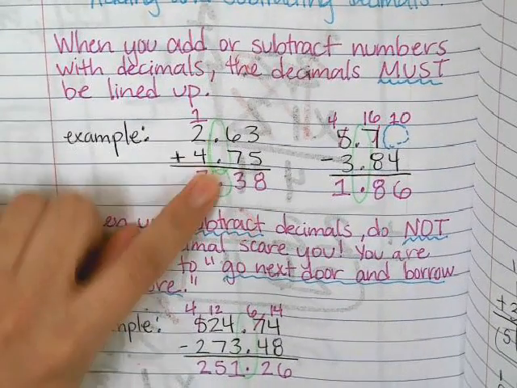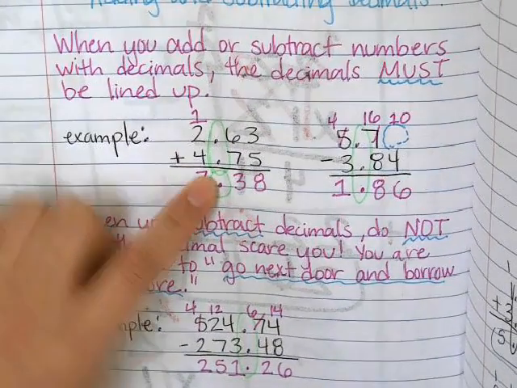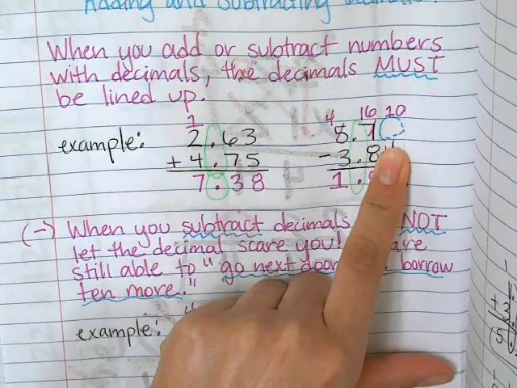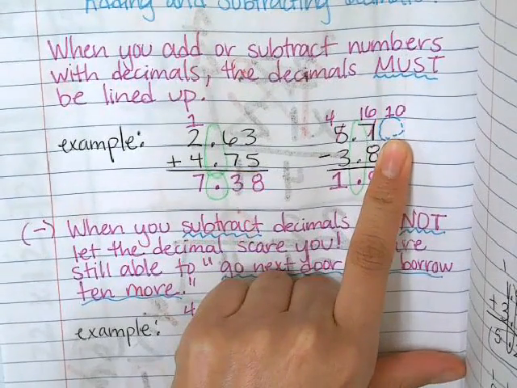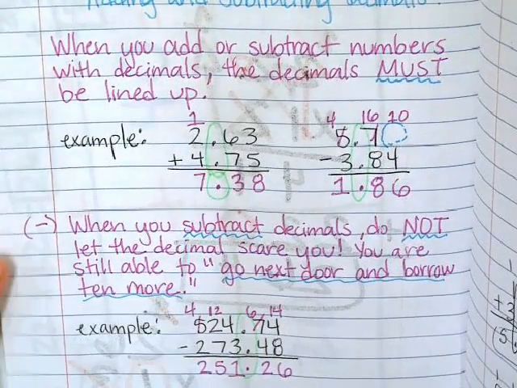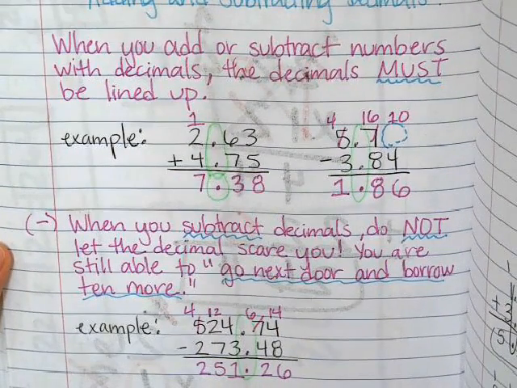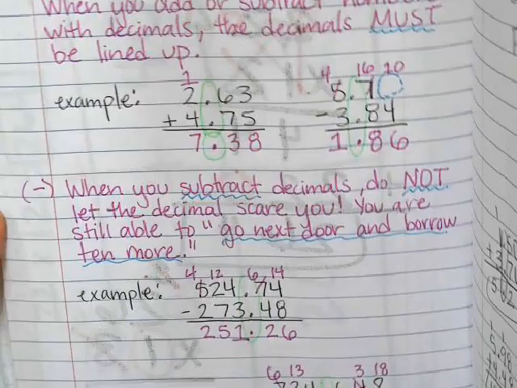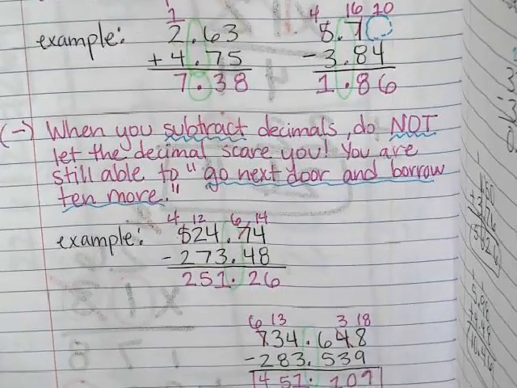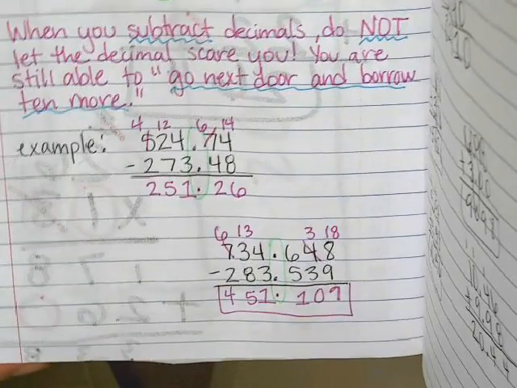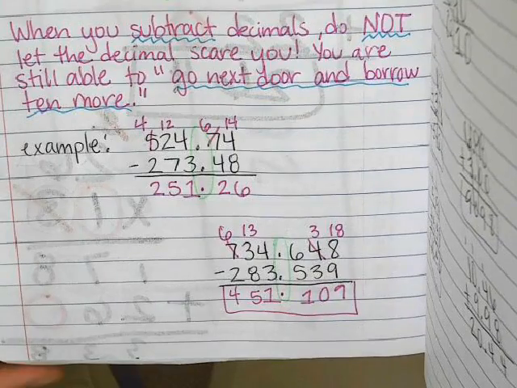And of course, this is an example. Make sure we always move down the decimal, and if there's nothing there, if there's a blank space, always add zeros, of course, to the right of the numbers. And when you subtract decimals, do not let the decimal scare you. You are still able to go next door and borrow 10 more, okay?